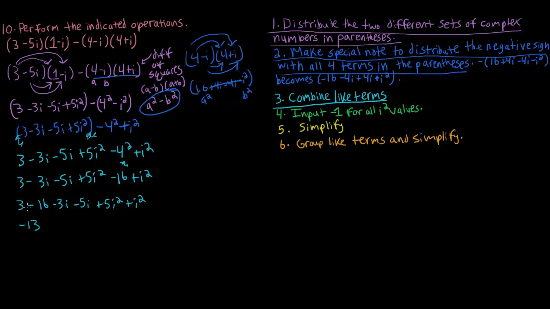Then negative 3i minus 5i is negative 8i, and then plus 5i squared plus i squared. And actually 5i squared plus i squared is 6i squared, so minus 13 minus 8i plus 6i squared.